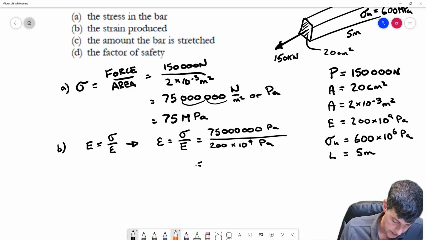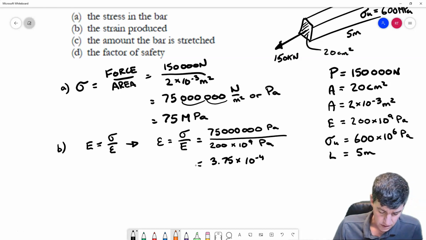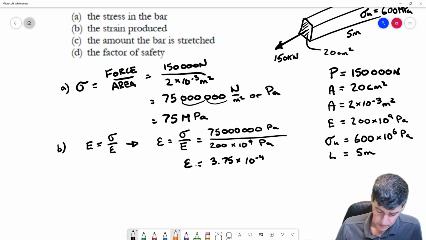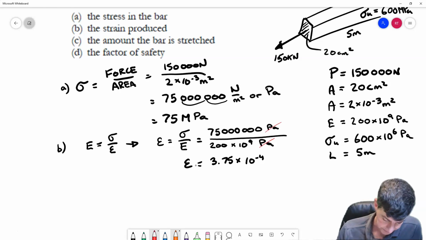And I get a strain of 3.75 times 10 to the negative 4. Again, when I use strain, I want to be careful that I'm left with no units. That's the case here: pascals and pascals have canceled themselves out.